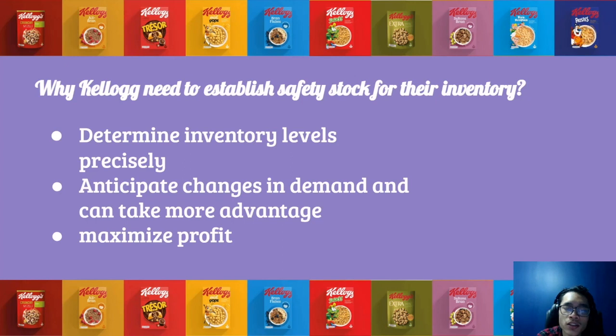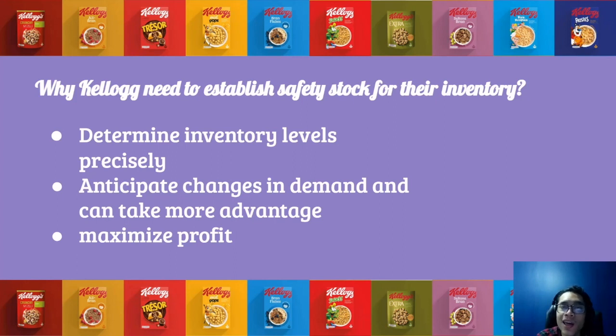If there is too much inventory, the circulation of money will stop in the company's trading capital. On the other hand, if there is too little, the company will run out of inventory. So, the first reason why Kellogg needs to establish safety stock is to determine the inventory levels precisely.